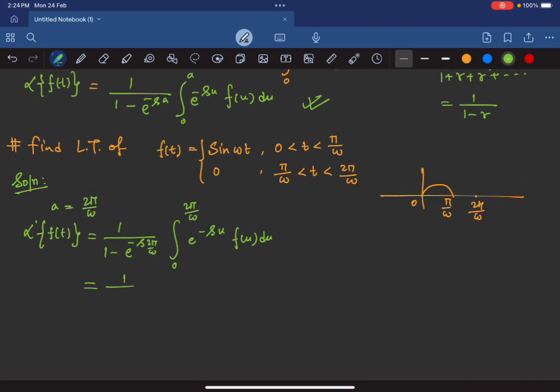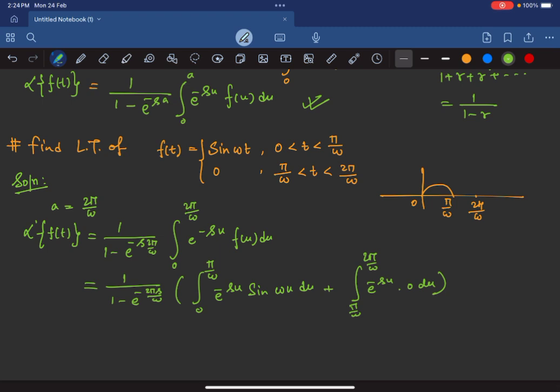Now we'll break this one: 1 by 1 minus e power minus 2 pi s by omega, integral 0 to pi by omega e power minus su sine omega u du, plus integral pi by omega to 2 pi by omega e power minus su times 0 du.